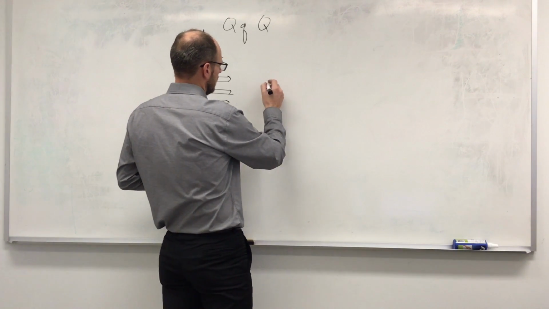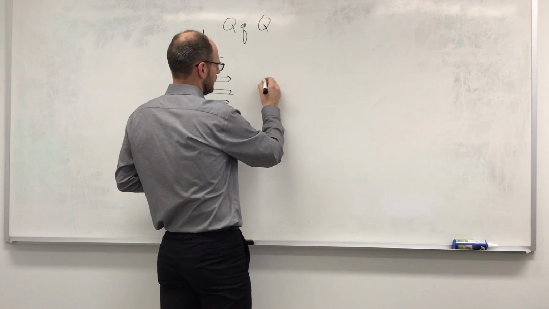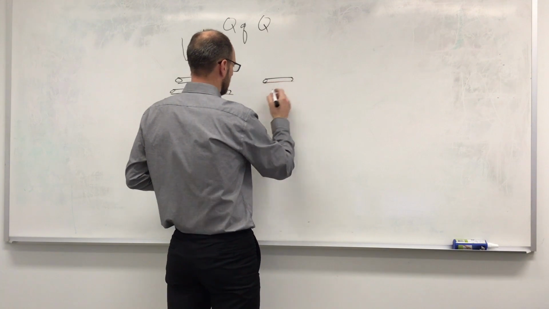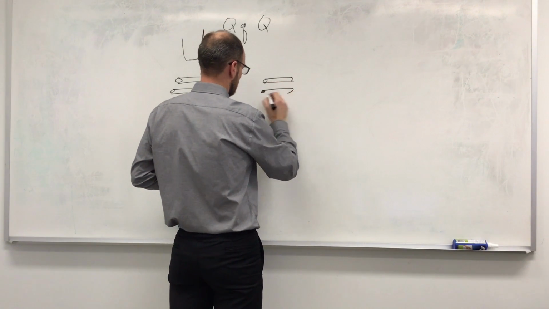So in a triple quadrupole, you actually have 3 of these quads. So you have another one right behind it, just like this.